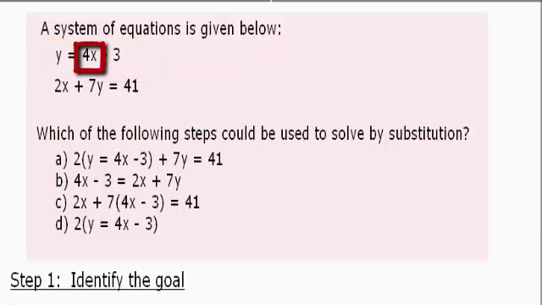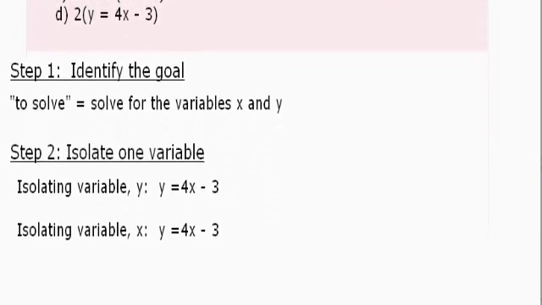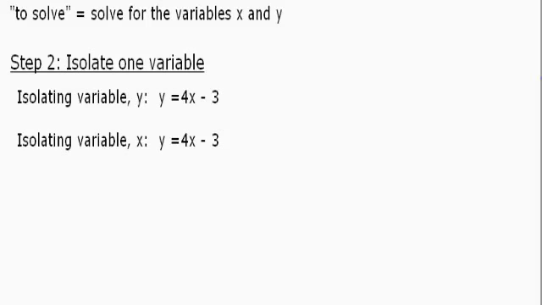In fact, if we want to isolate x, we could choose the first equation, y equals 4x minus 3. And in order to isolate the x, we'd have to get rid of the negative 3. And we do that by adding 3 to both sides of the equation. After adding 3 to both sides of the equation, we find that y plus 3 is equal to 4x.